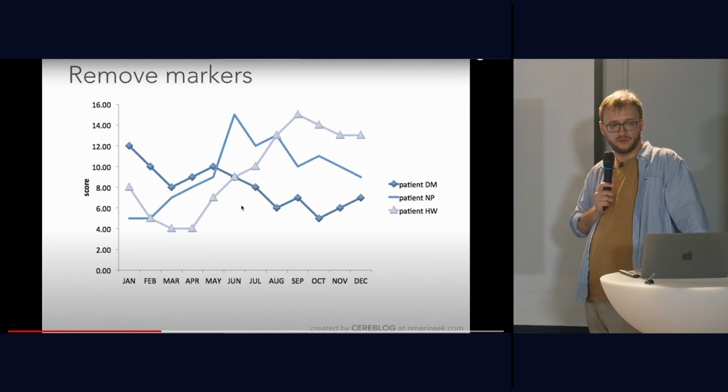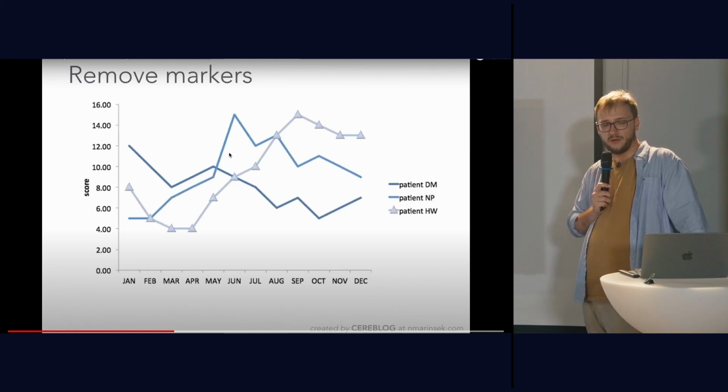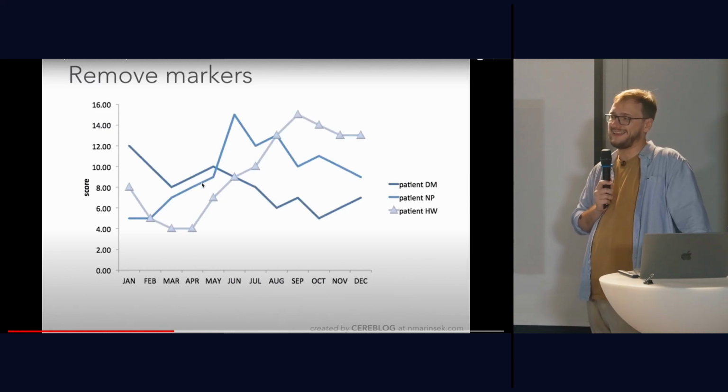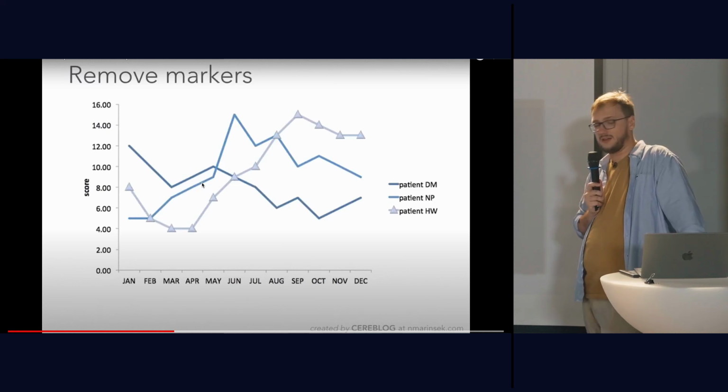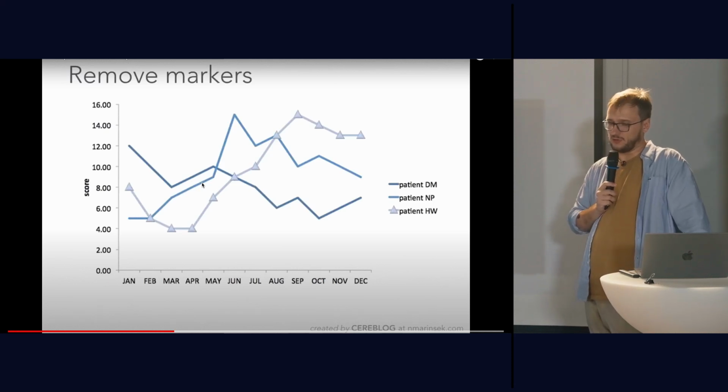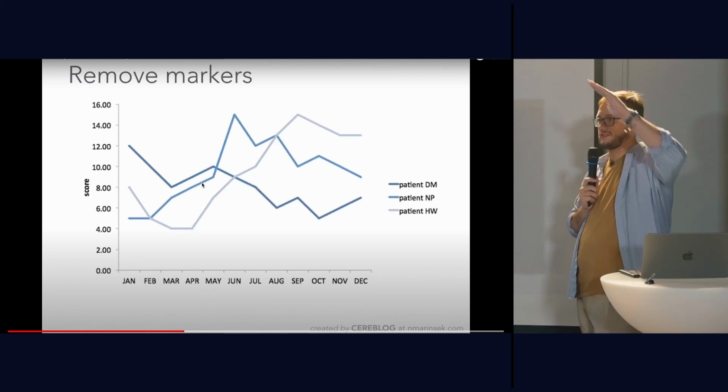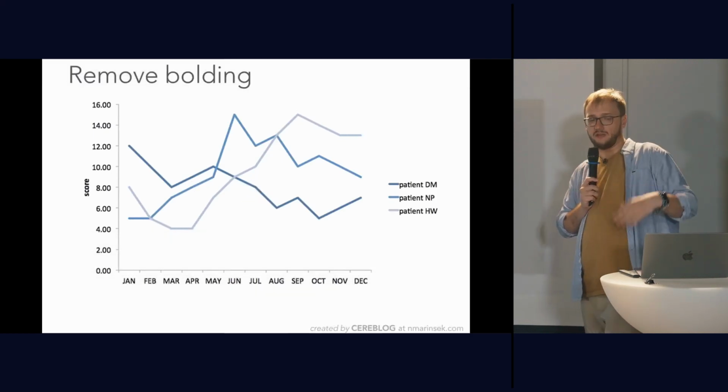Otherwise, we are not sure if it's just two points that are connected, or we have data here, or we're missing data here. In these cases markers are useful, but nevertheless, first go without markers. And if you see that something really grows steadily at one pace, you can leave them out.